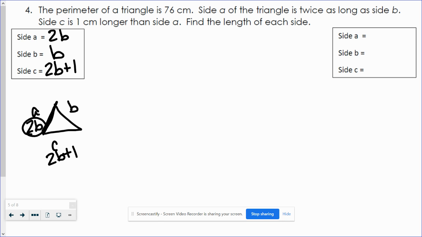So I would have 2B for side A, and then here's side B, and then here is side C. I've got that in parentheses just to say that's the name of one of the sides. The parentheses don't do anything. I don't have any distribution. It's just to organize this a little bit.